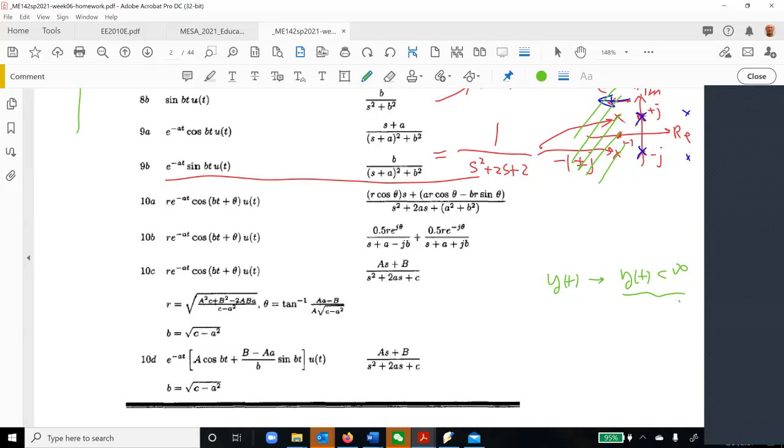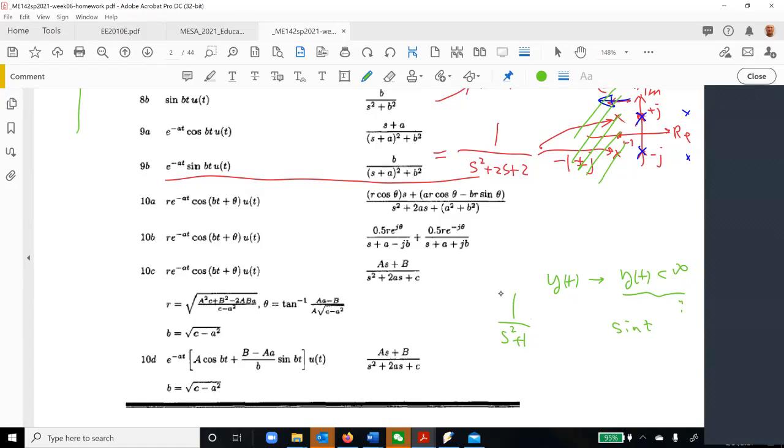So how to avoid this one? There is a very interesting thing I want to draw your attention to. If you have s squared plus 1, you know this is sine t, right?